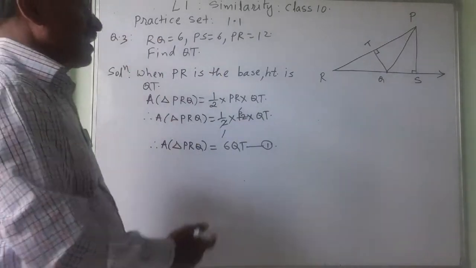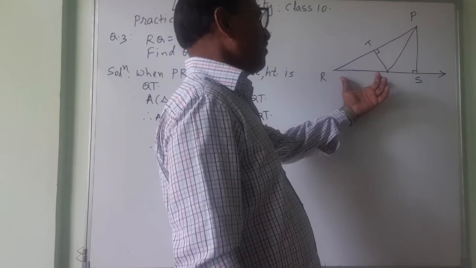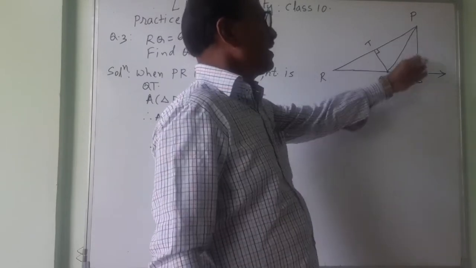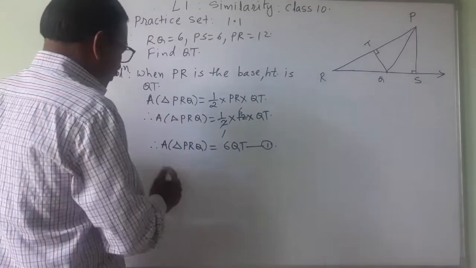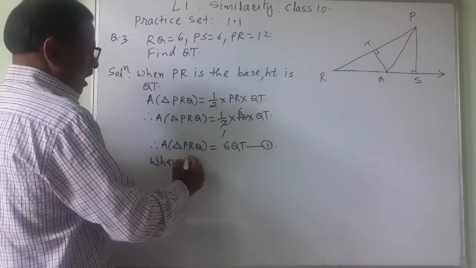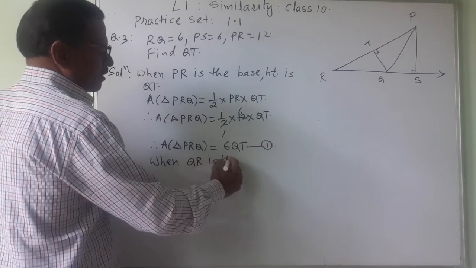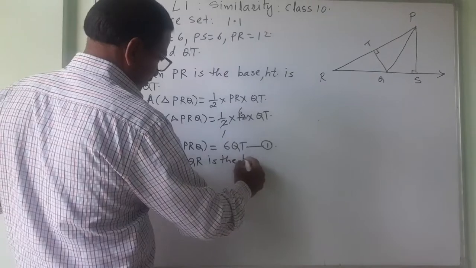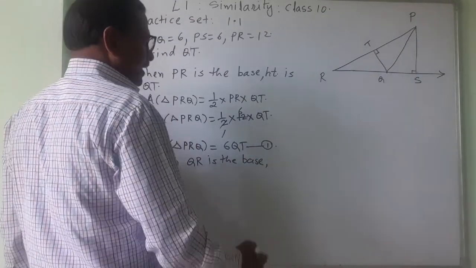Now for the same triangle, if I take RQ as the base, the height will be PS. When QR is the base, which is the height? Height is PS.